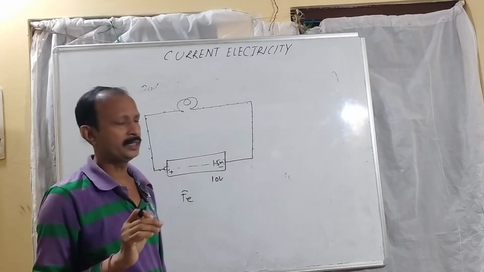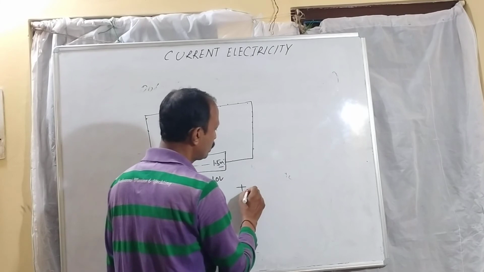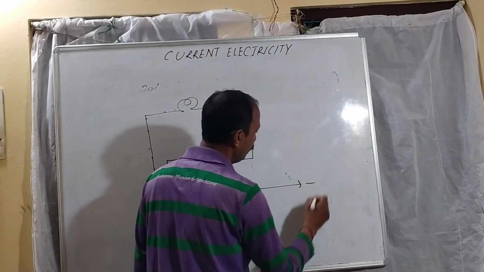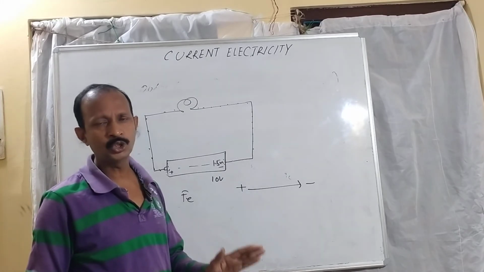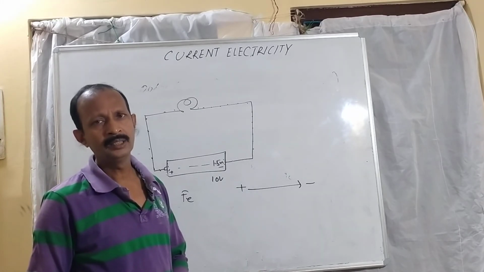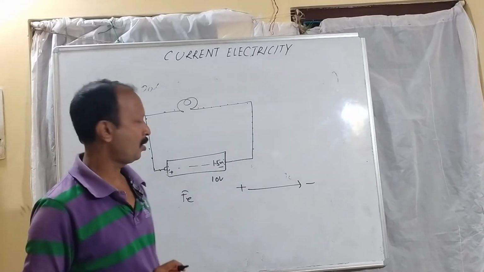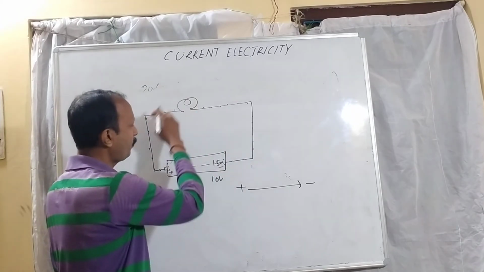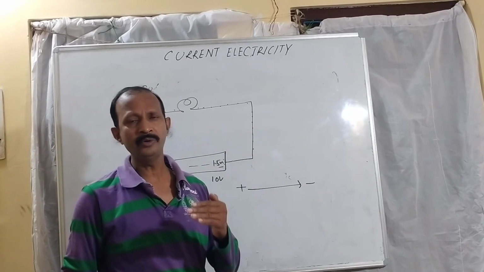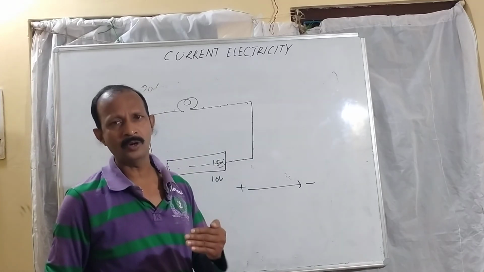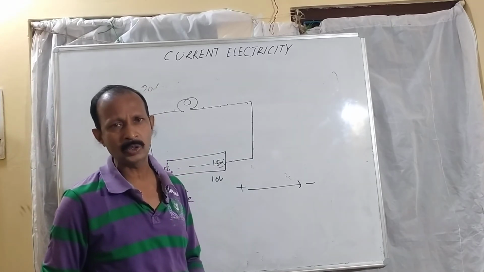The direction of flow of current is always from positive to negative. This is the conventional direction of current. Actually, current is due to the flow of electrons from the negative to the positive terminal. But the fact is that we came to know the origin of current only after the discovery of the electron.